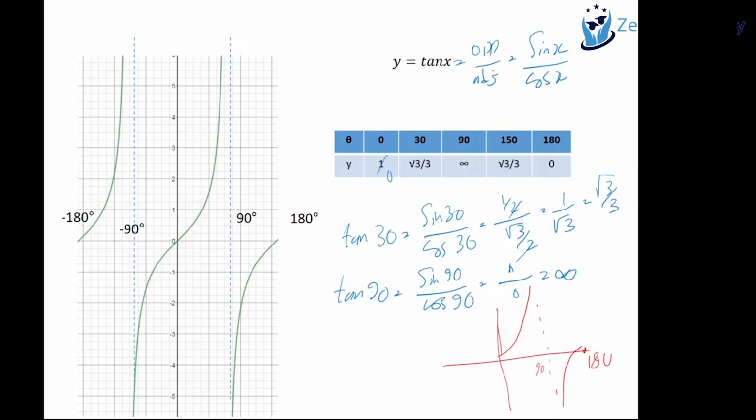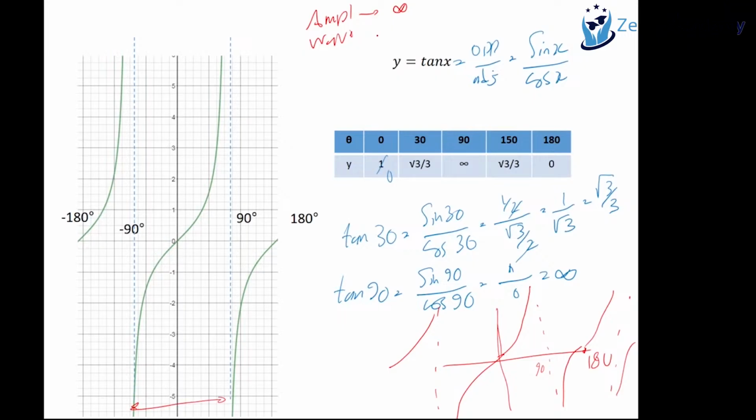Another interesting thing about tangent, the amplitude in this case is infinity, right? There is no amplitude like a sine and cosine, but there's a wavelength. If I take from minus 90 to 90, I can just copy paste this one. So there is still a wavelength, there is still a period. This time the period is shorter.